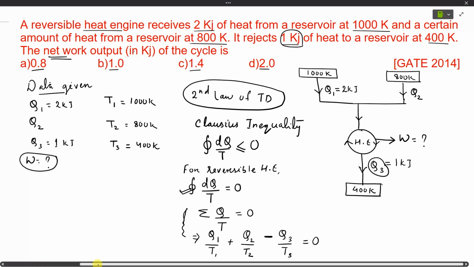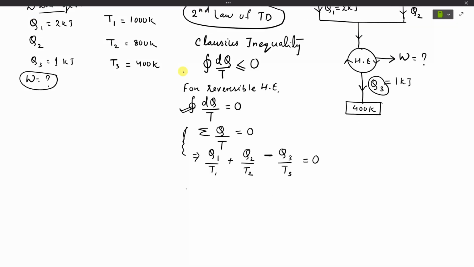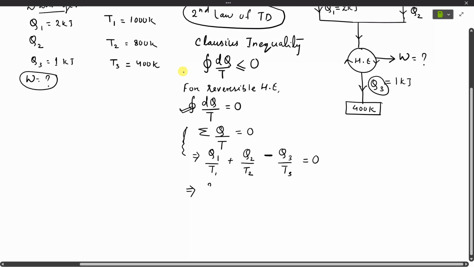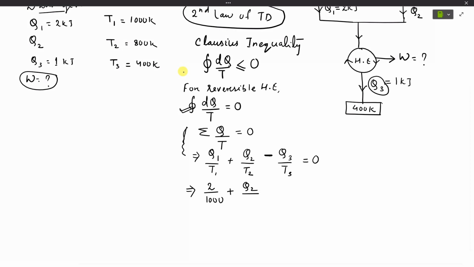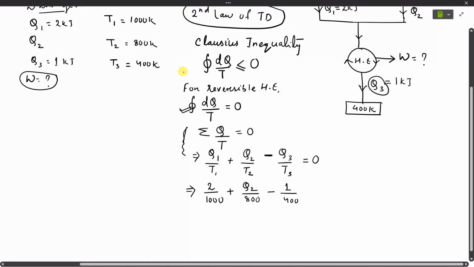Now we have to put all the given values into this expression. Let's substitute Q1 as 2 kilojoule, T1 is 1000, plus Q2, which we don't know, keep it as it is, T2 is 800, minus Q3 that is 1 kilojoule by T3 that is 400 Kelvin is equal to 0.